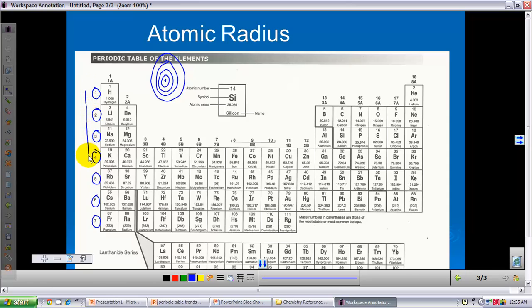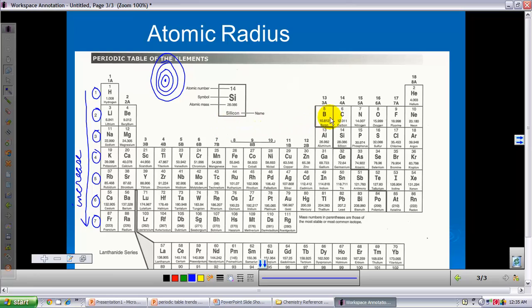So as you go down the periodic table in these periods, you're going to have an increase in atomic radius. So that makes sense. As you go down, you're going to increase no matter which side of the periodic table you're on.